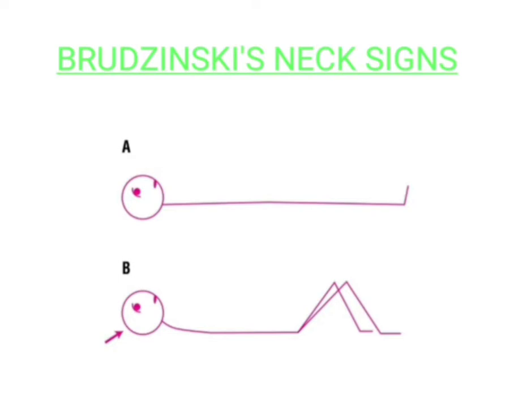In the second figure you can see that as a result of the flexion of the neck, hip and knee flexion occurs. If you see pain or resistance, it indicates a positive Brudzinski's neck sign.